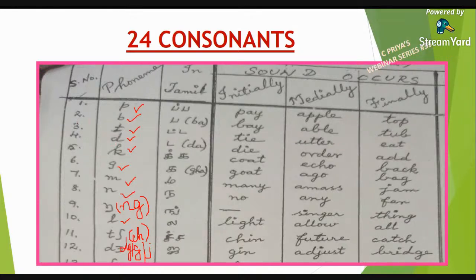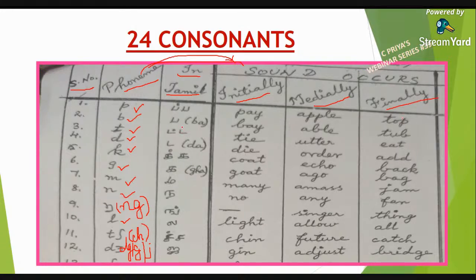Right? Now we go to the words. In this tabular column, I introduce serial number and phoneme, given in Tamil language, and the sounds which may occur in the initial position of a word, medially meaning the middle of a word, and finally at the end of a word.